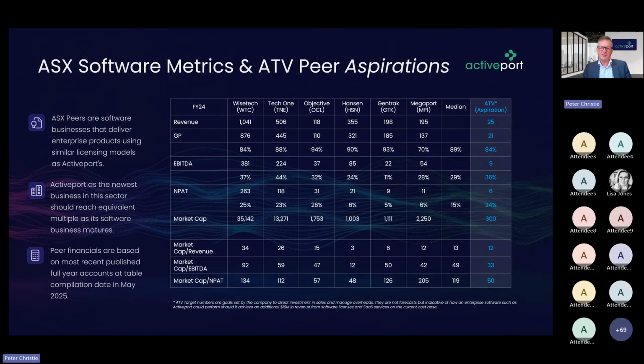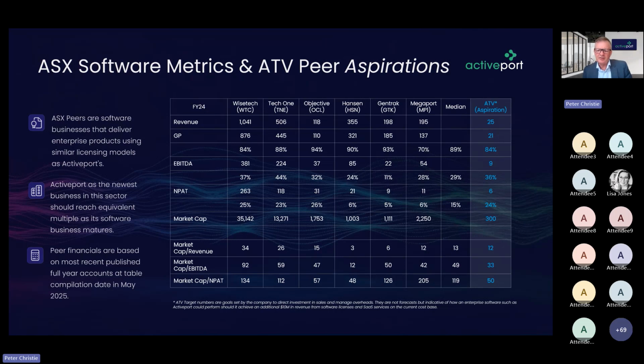And so I've included these peers so that when people are looking at Activeport on the ASX and saying, well, what is this company and what is it likely to look like in the coming years? It should look like one of or all of these businesses, where we're generating $25 million of revenue in the short term, 84% GP, 36% EBITDA, 24% NPAT.